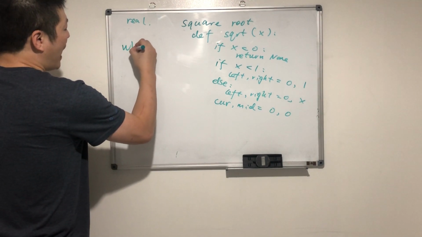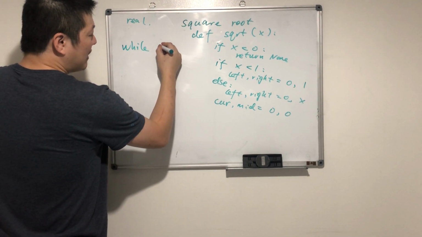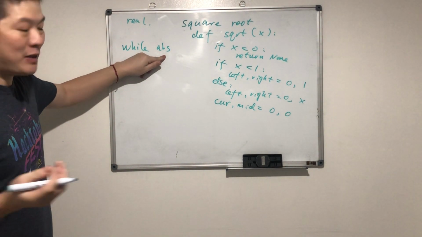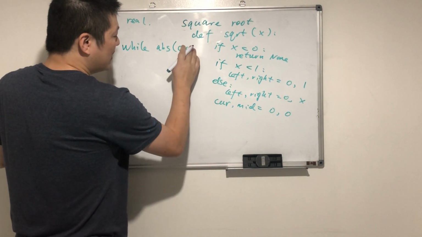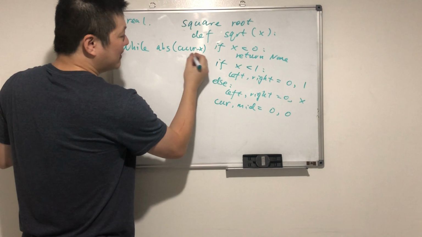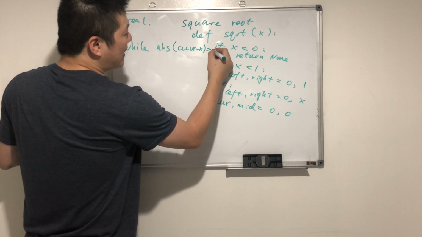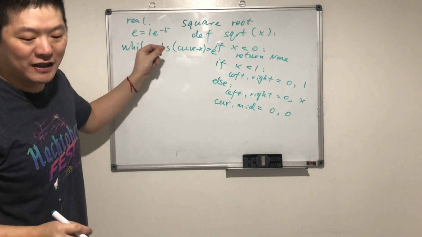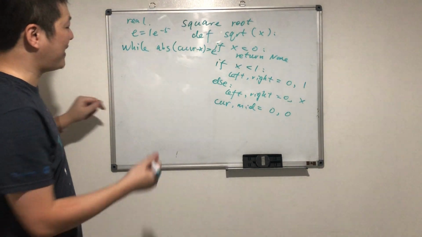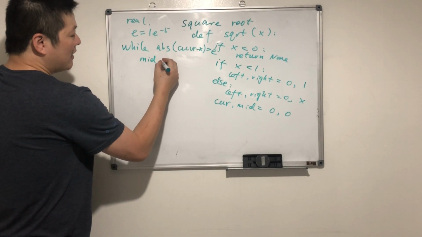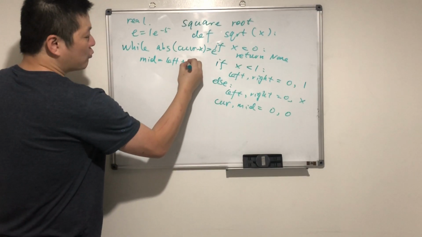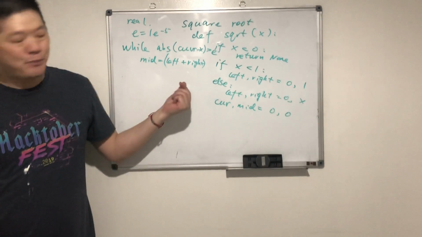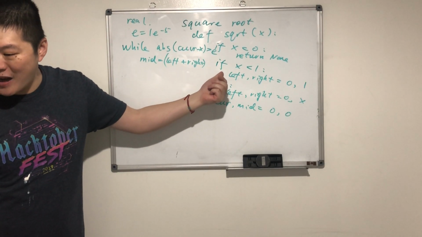So now, ABS. Do you still remember ABS? Absolute value. If the absolute value of current minus x is still bigger than the error, where we set the error to 1e-5, so it's 0.00001, a very small difference, then we do this: mid equals left plus right, divided by 2.